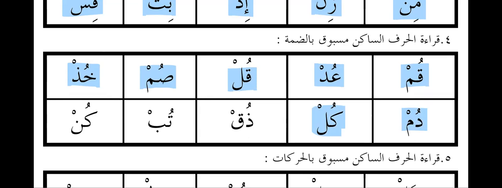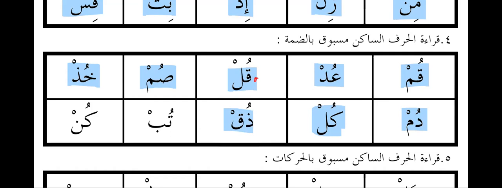I should notice the difference between these two. Sometimes people get them mixed up. This is qaf and lam, qul. And this one is kaf, kul. Dhuq, dhal and qaf.